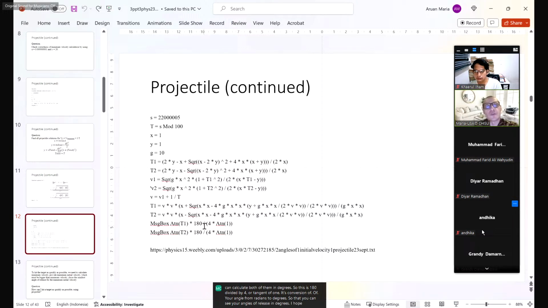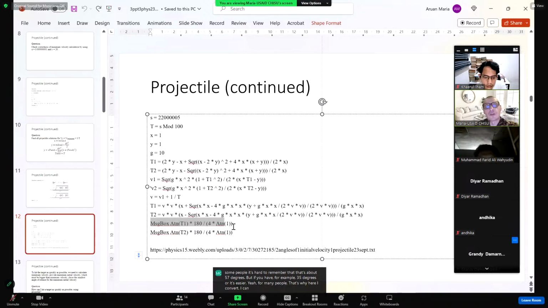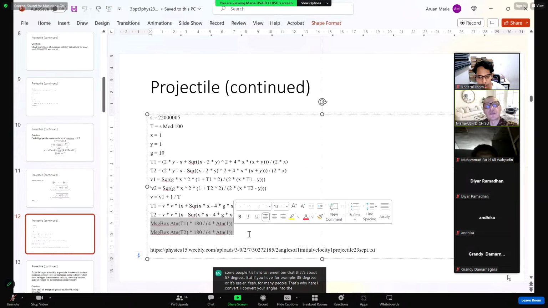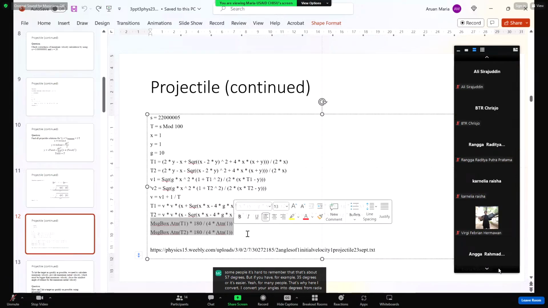I hope it's easier for you, and it's also easier for me to see the angles in degrees. If, for example, you get 1 radian, for some people it's hard to remember that that's about 57 degrees. But if you have, for example, 35 degrees, it's easier for many people. That's why here I convert your angles from radians to degrees, okay?